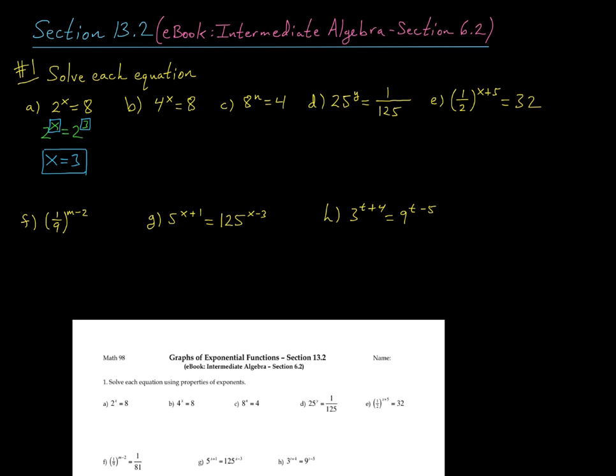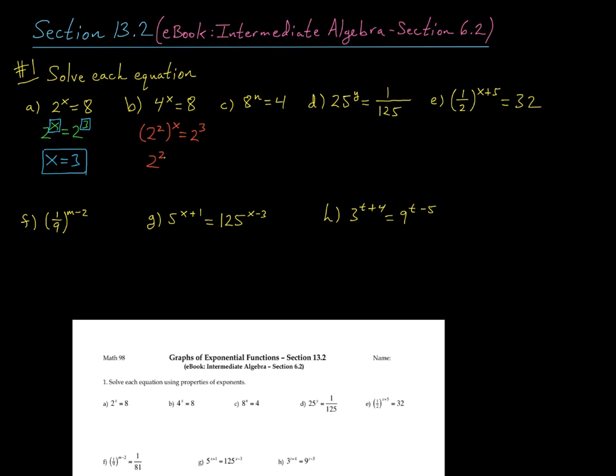All right, for B, same idea. We have 4 to the x, and that's equal to 8. And again, 2 is a common base. So I'm going to write the 4 as 2 squared, and that's being raised to the x power. And then the 8 is 2 cubed. And then from our properties of exponents, if I have something like 2 squared and that's being raised to the x power, these exponents multiply.